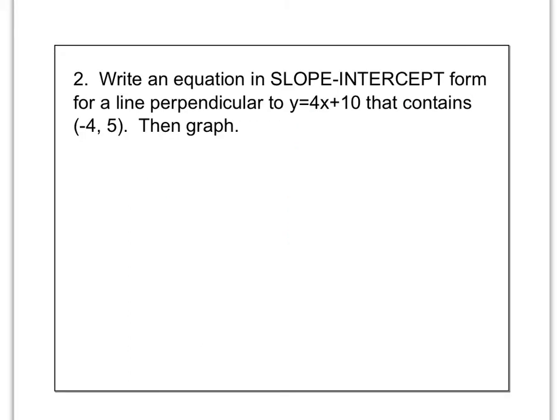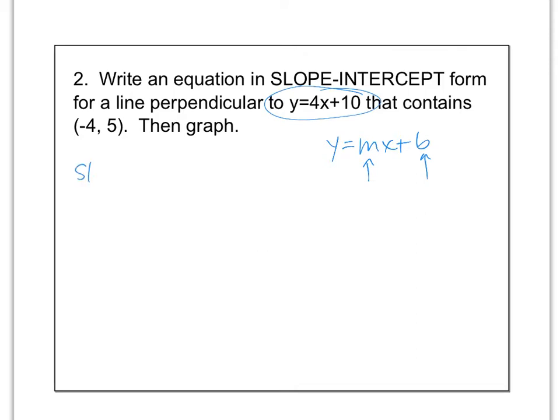Please pause the video and try number 2. So this time we're doing slope-intercept form, which is y equals mx plus b. And so we have to basically plug in the m and plug in the b. Our line needs to be perpendicular to this line.